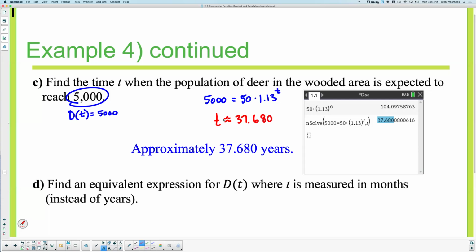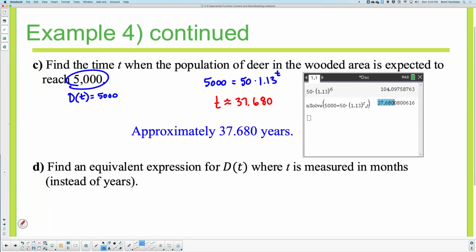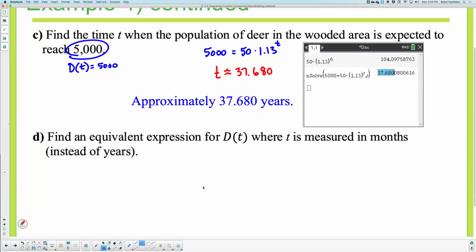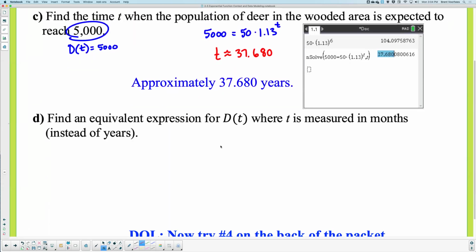And finally, it says find an equivalent expression d of t where t is measured in months instead of years. So here's the idea. For our equation that we've had, d of t, where t is in years, was equal to 50 times 1.13 raised to the power of t, because it's 13% per year.